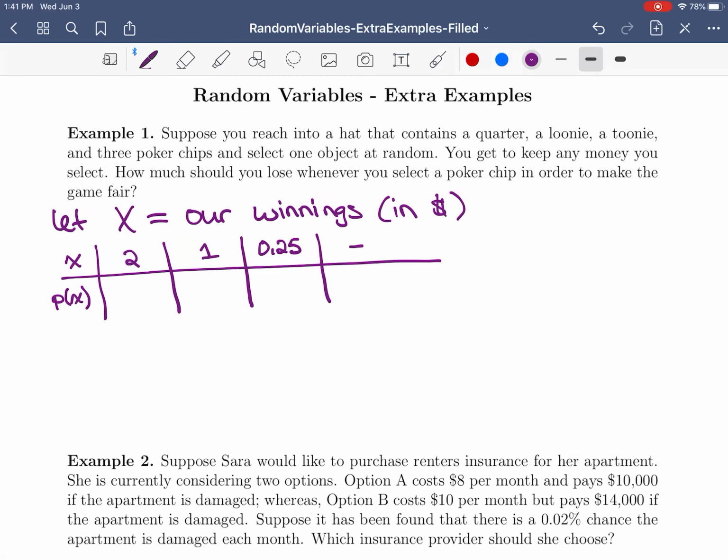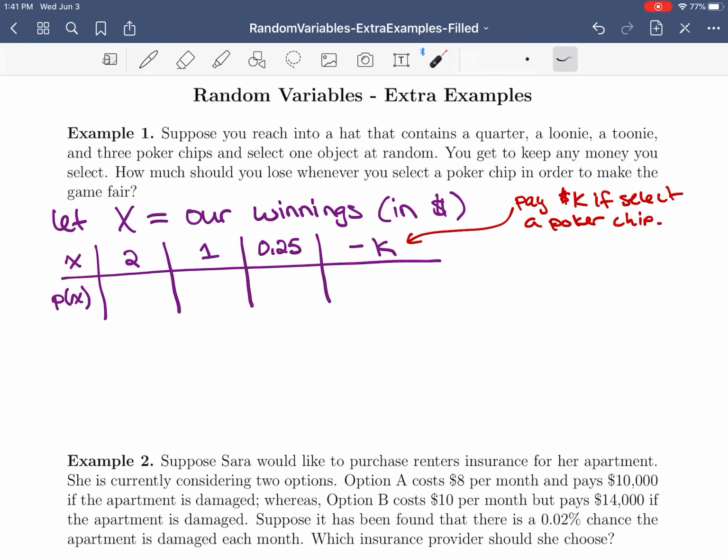Or we could lose some amount of money. I'm going to call that K. So we pay K dollars if we select a poker chip. There are 1, 2, 3, and then 3 poker chips, so 6 coins in total.